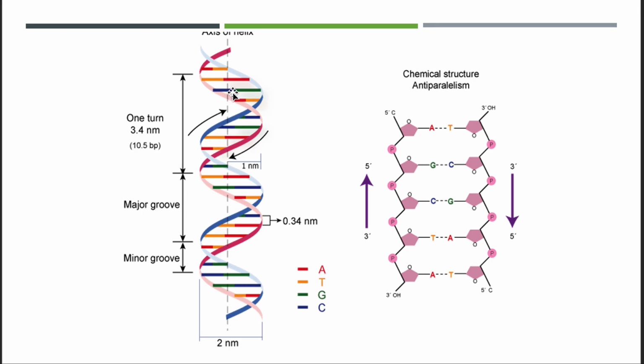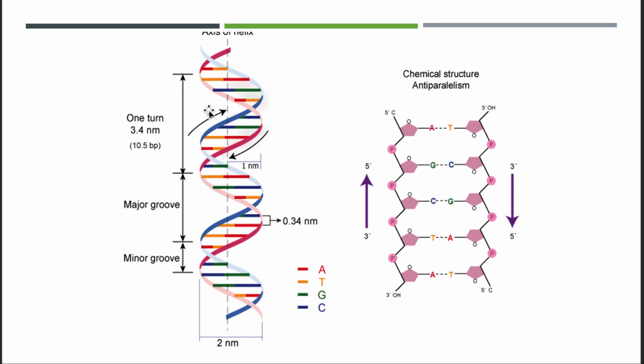The double helical DNA makes 2 grooves called the major groove and the minor groove. The pitch of the DNA, also called the turn of the DNA, is around 3.4 nanometer in length.